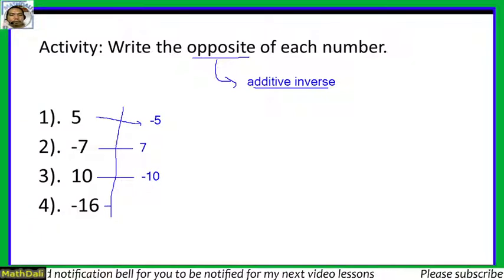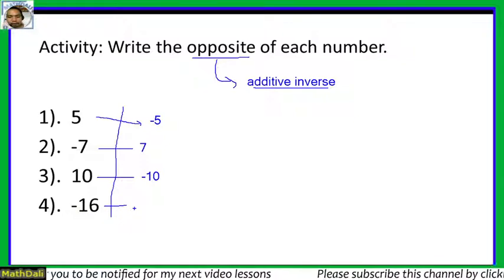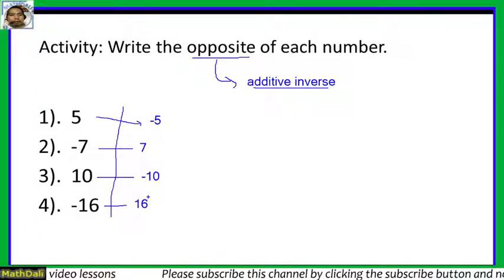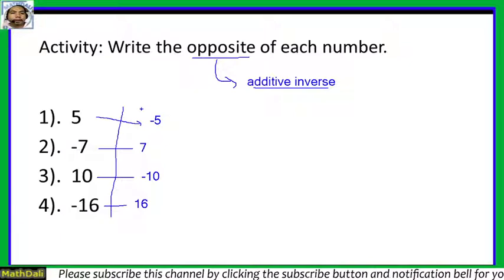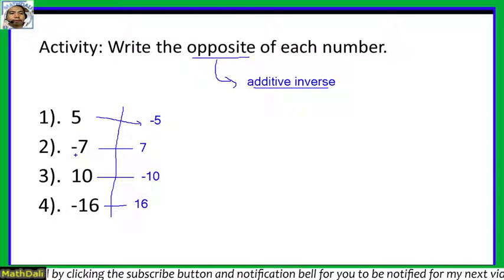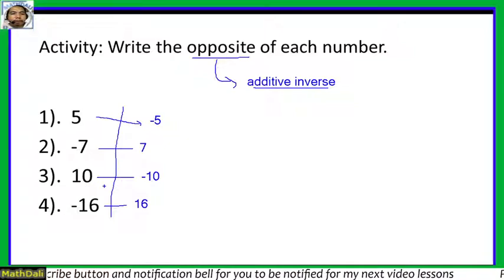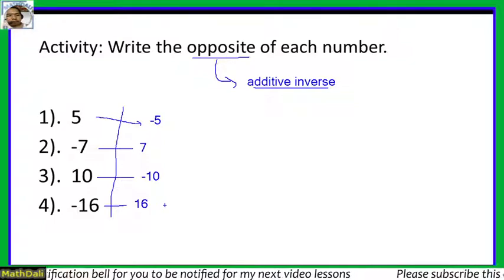Then ang opposite ng negative 16, that is positive 16. Yan yung other side from 0, kung sa number line natin. So, yan yung additive inverse natin or yung opposite. Opposite ng positive 5, negative 5. Opposite ng negative 7, positive 7. Opposite ng positive 10, negative 10. And opposite of negative 16 is positive 16.